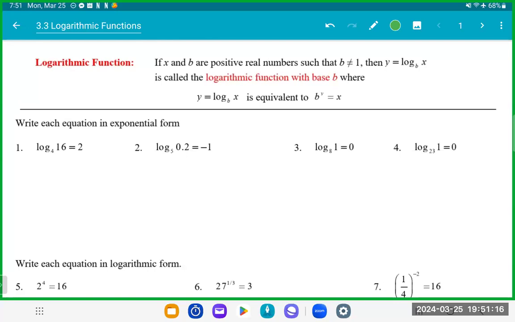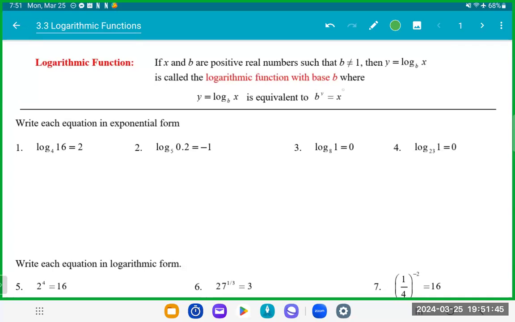You're thinking inversely: before, our y was on the baseline and our x was up in the exponent. Now we've switched those roles, and y is up in the exponent and x is down on the baseline. The first set of problems is rewriting this equation into exponent form.